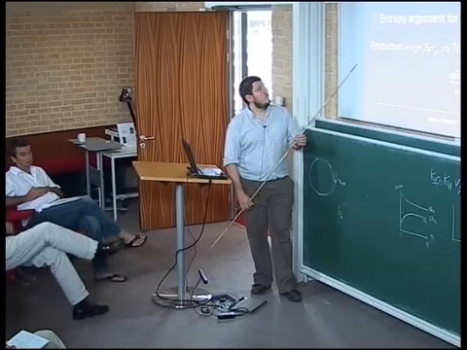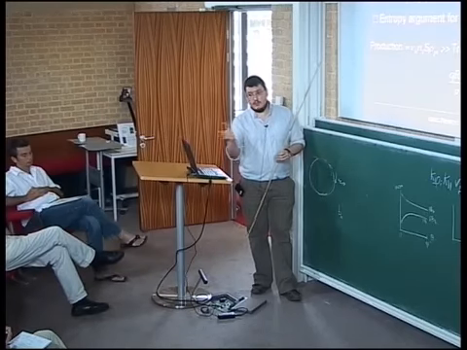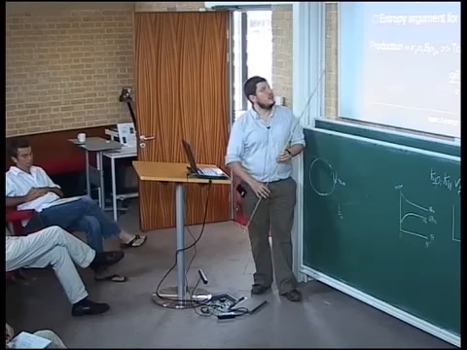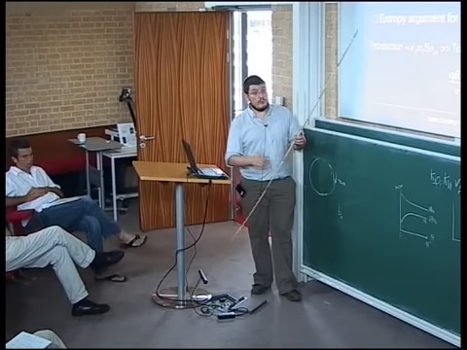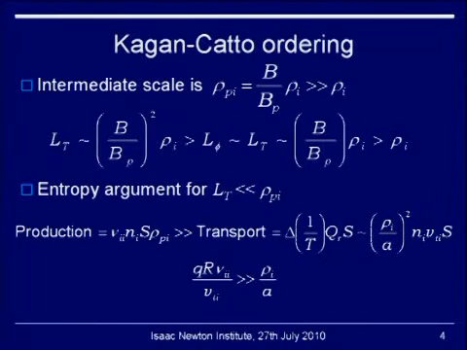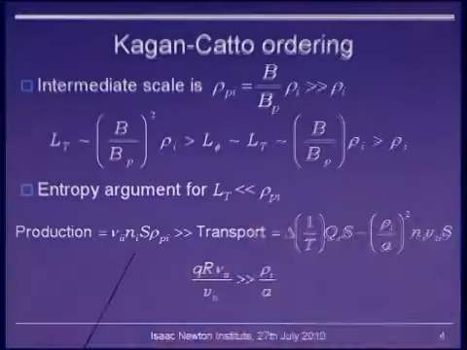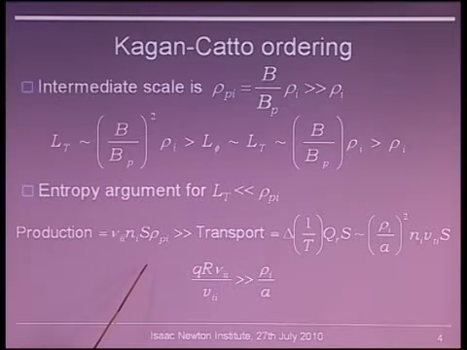So now I'm going to try to repeat Peter's argument on the temperature gradient. This is very important because it kind of closes the argument and tells you that you have to assume that the temperature gradient is small. The argument is basically an entropy conservation. You have the production of entropy, imagine I have a non-Maxwellian distribution function.